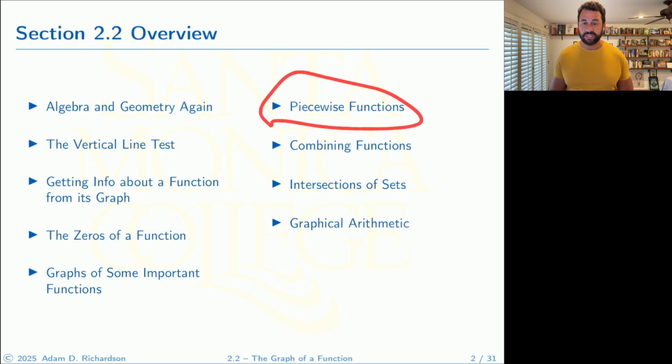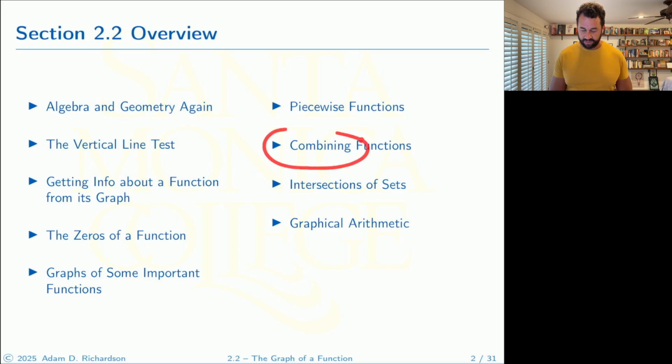Then we're going to talk about piecewise functions, which are basically functions where the rule changes depending on the input. We're going to talk about how to combine functions using the four basic operations. But to do that, we also need to step into a little bit of set theory, talk about intersections of sets so we can make sense of the domains of these combinations.